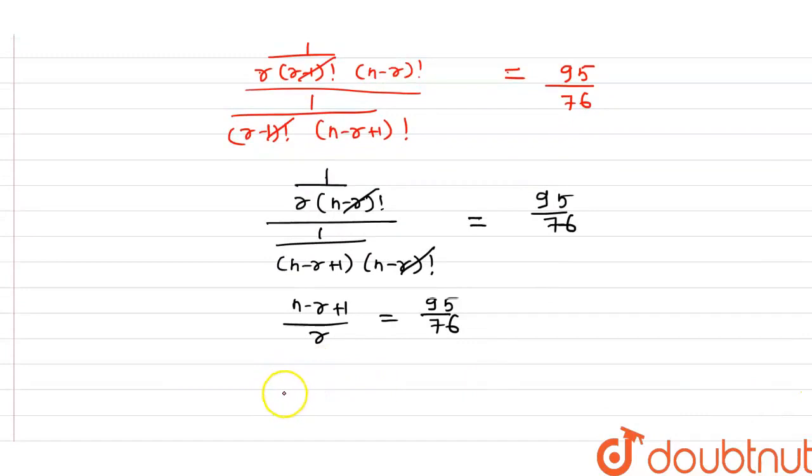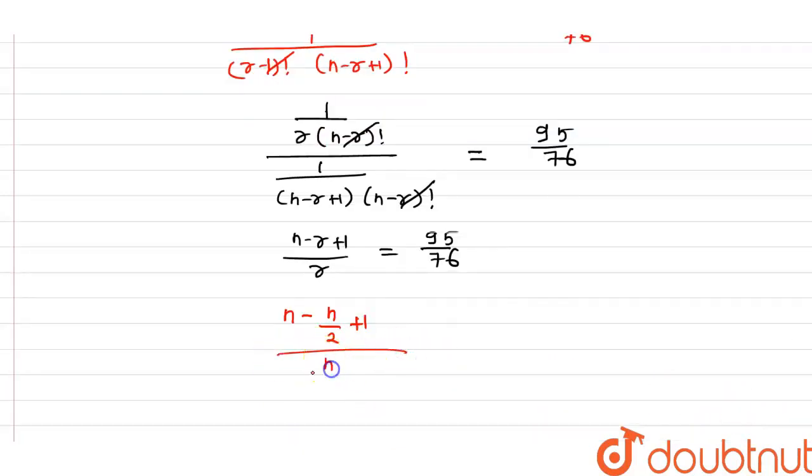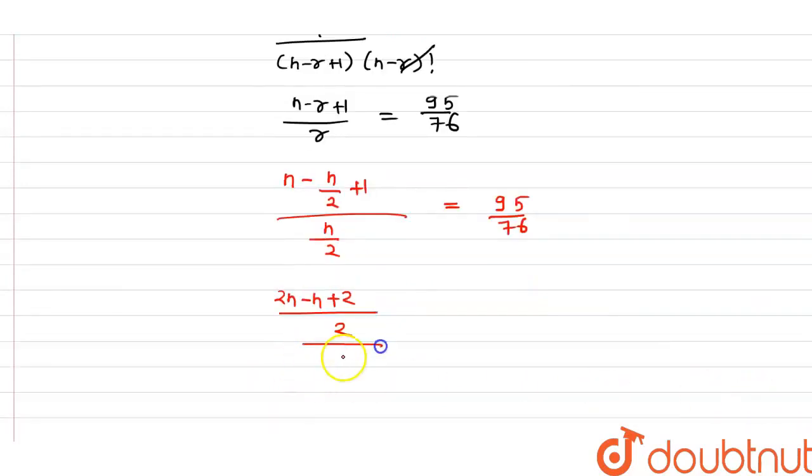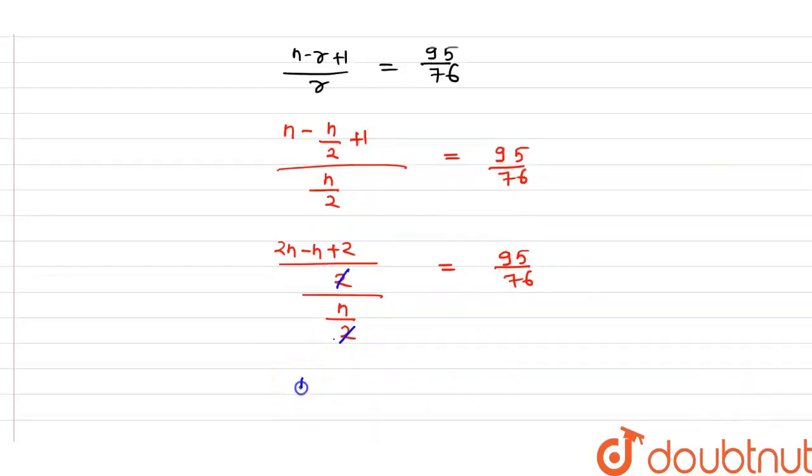So in place of r we put n/2: (n - n/2 + 1) upon n/2 equals 95 upon 76. Taking LCM of 2, we get (2n - n + 2) upon n, so the 2 cancels with 2, and the remaining is (n + 2) upon n, equal to 95 upon 76.